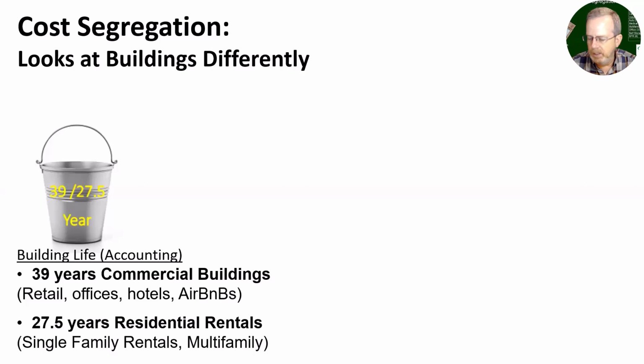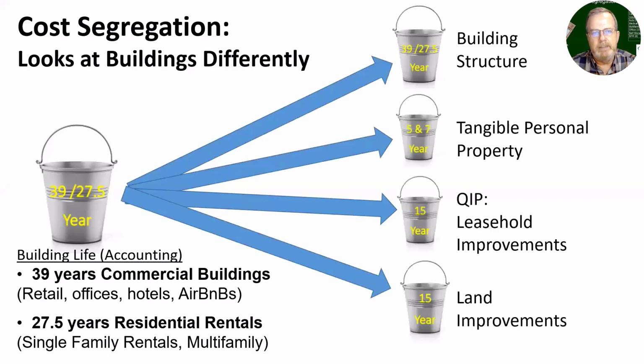Now, what cost segregation does, it says, you know what, those assets don't belong just in one bucket. So we're going to break up into different buckets. So this can be the building structure, which is going to be then that 39 or 27.5-year bucket. But then you've got things like tangible personal property, QIP, or what used to be called leasehold improvement, and then land improvements, things outside the building, are in the 15-year category.